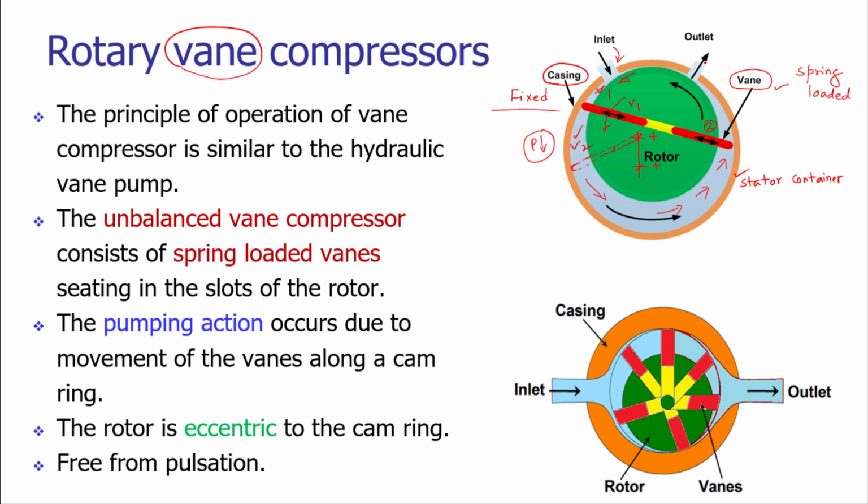As it is approaching the outlet wall, the volume or the space is getting reduced. Here you can see the space is getting reduced, and due to reducing in the space there is increase in the pressure, and that pressurized gas will be taken out from the outlet wall or from the outlet port.